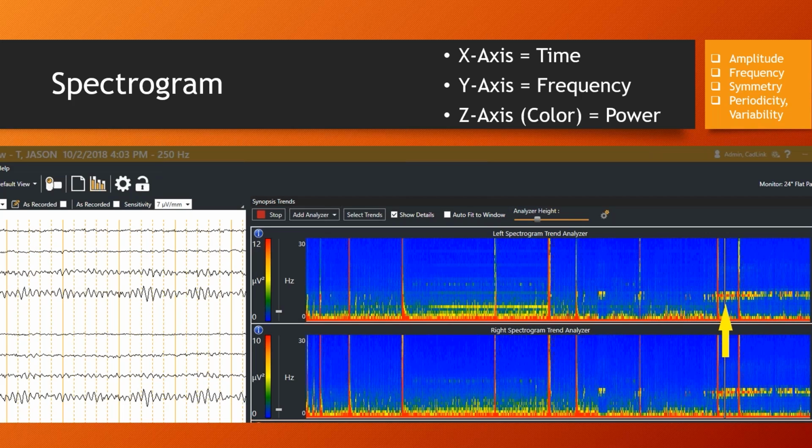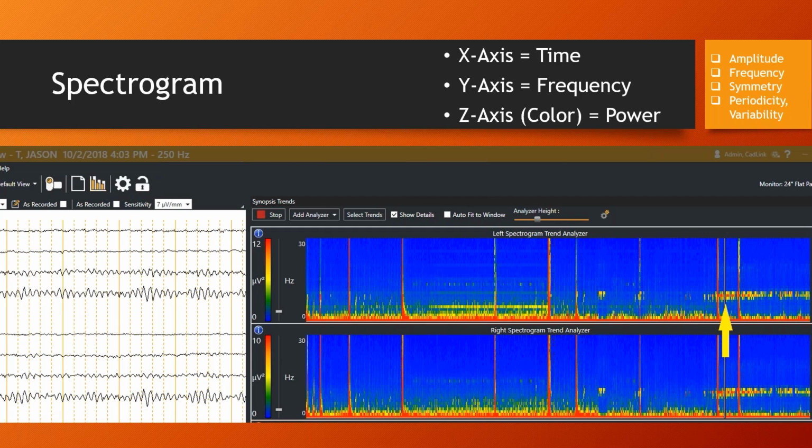So when you're looking at blue, there's not much activity or not much power. When you're looking at red, there's a lot of power. Now, this is a normal study, and if you look at this over what I'm going to guess is maybe half an hour, I've got my cursor set on that frequency.